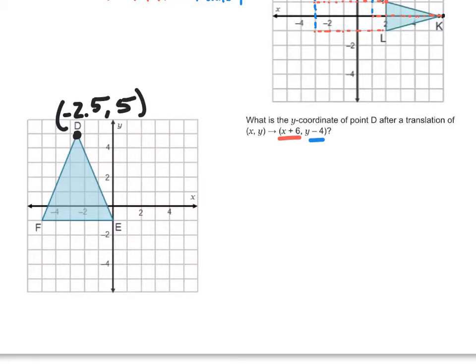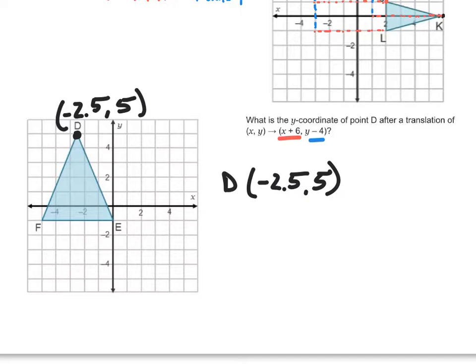And so if we were to translate this, this means that we would go up 6 and to the left 4, but that's going to be way off the graph. So this is one of those where we're going to have to just use those points. My point for point D is the point negative 2.5, comma 5.